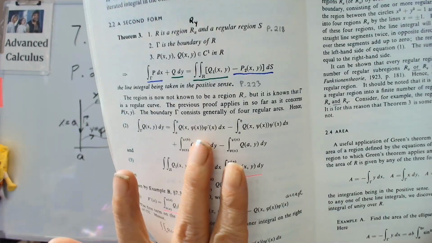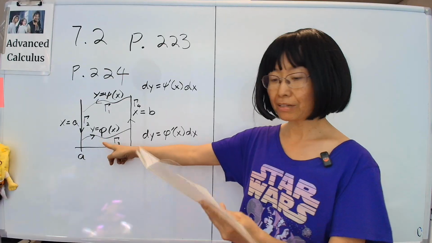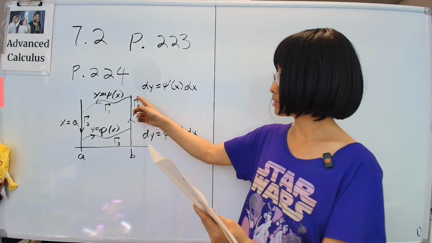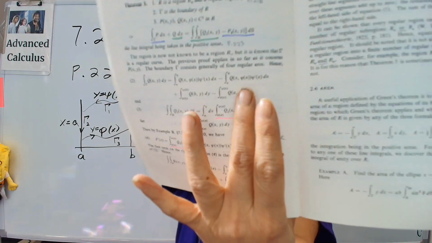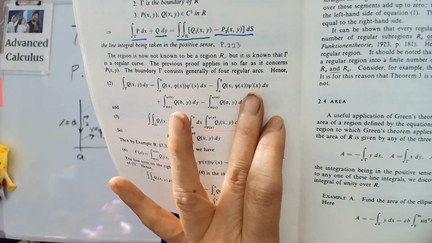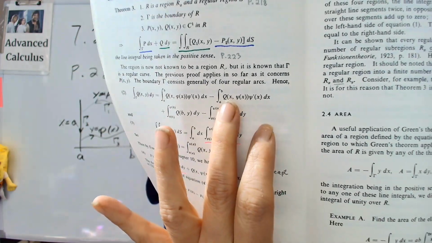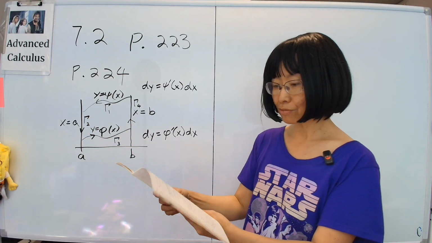This first integral is what I call gamma 3, and the rest are similar. The second integral is going backwards on the psi curve, right here. Similarly, dy equals psi prime of x dx. So you plug that in.